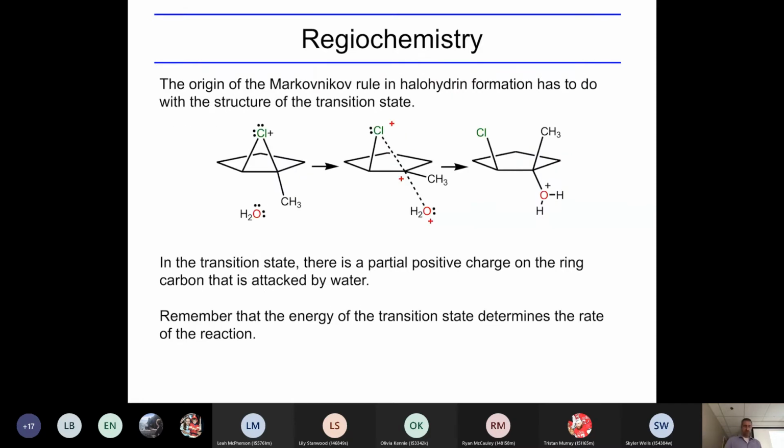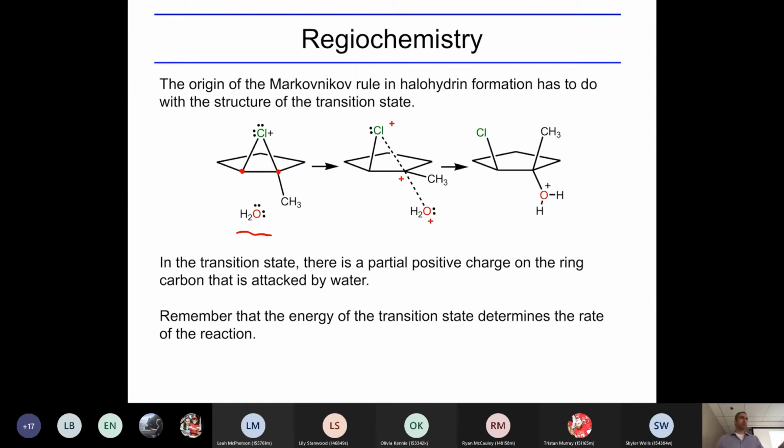It turns out when you have this halonium ion intermediate, and you have your nucleophile water floating around underneath, it's deciding which of these two carbons it wants to attack. Right? It can attack the right side or the left side. It turns out that for that intermediate, we draw it like the charge is on the chlorine.